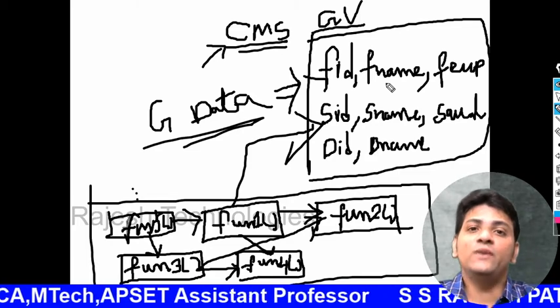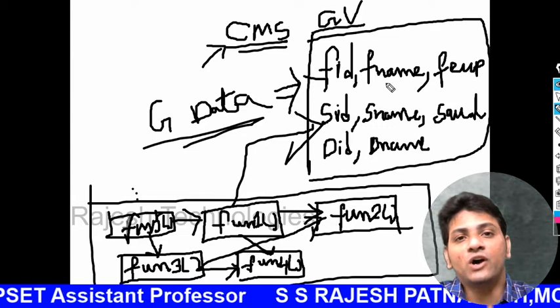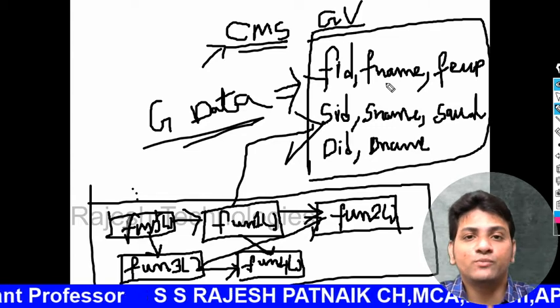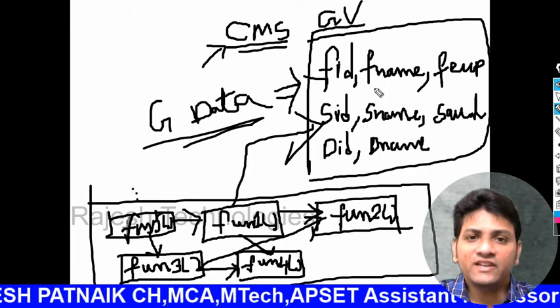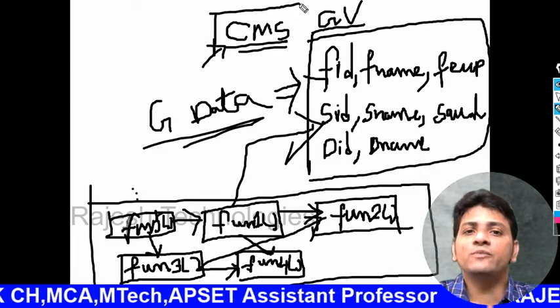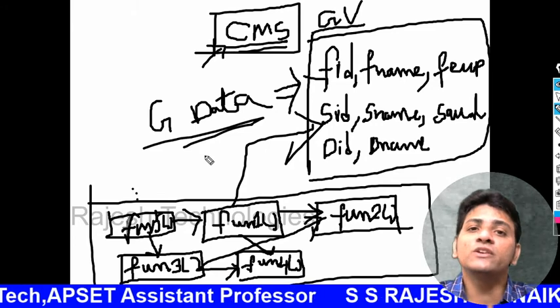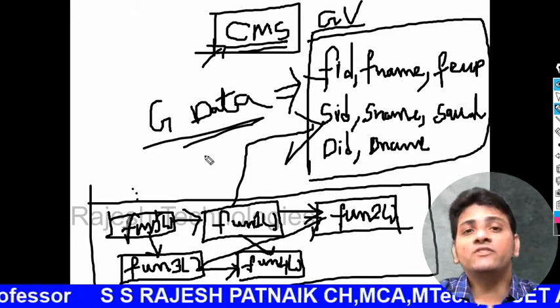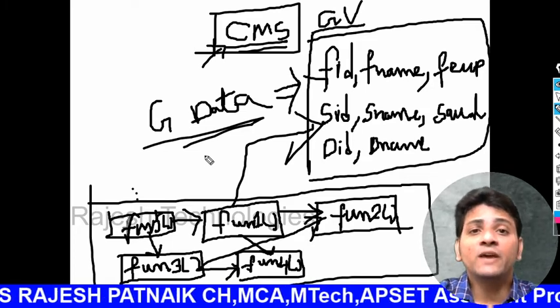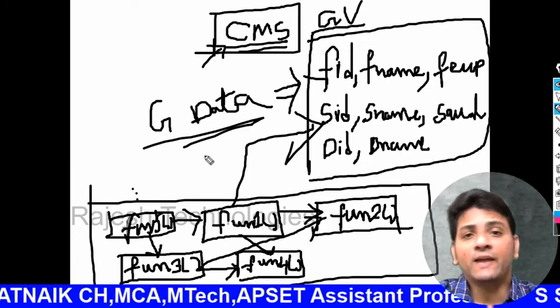So that's why we have the concept of the object oriented programming approach. The same college management system we will develop using the object oriented programming approach. It is highly efficient, reliable, and has adaptability.